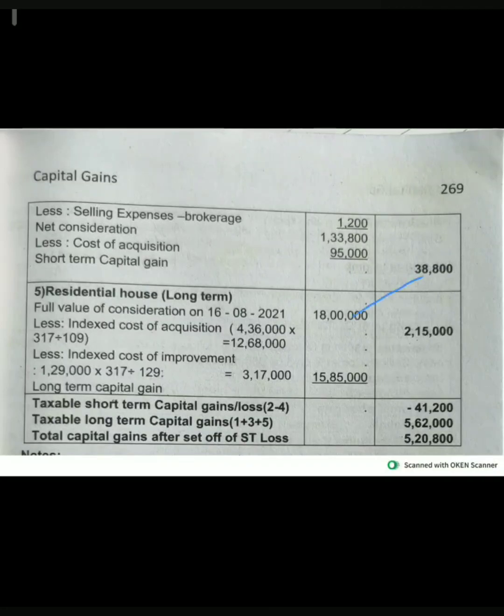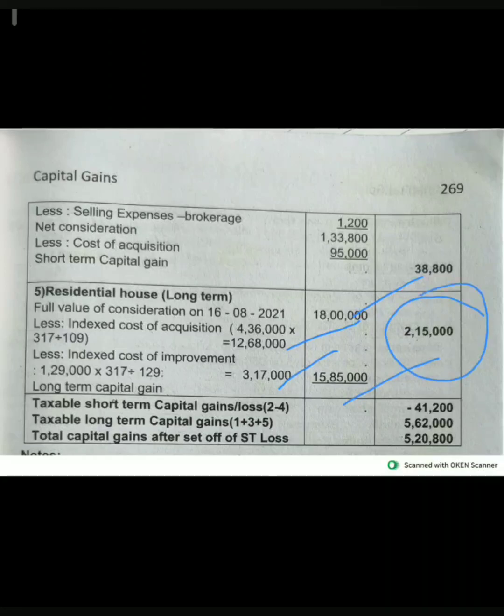We have indexation. The formula is cost of acquisition into 317 divided by CII for the year of purchase. 4,36,000 into 317 divided by 109, so the answer is 12,68,000. The improvement cost is also given, and we have to index this too. Indexed cost of improvement: 1,39,000 into 317 divided by 129, which is 3,17,000. So the total amount is 15,85,000.